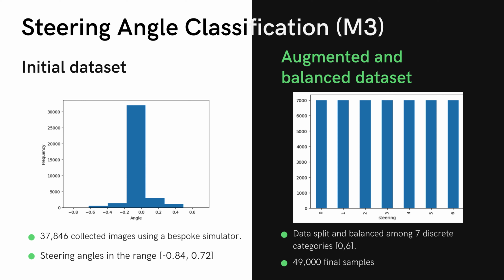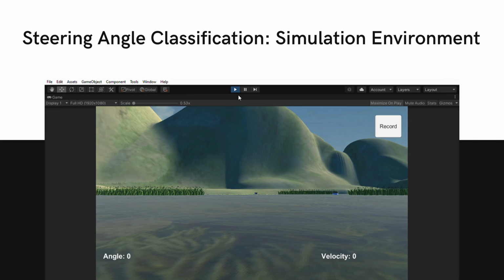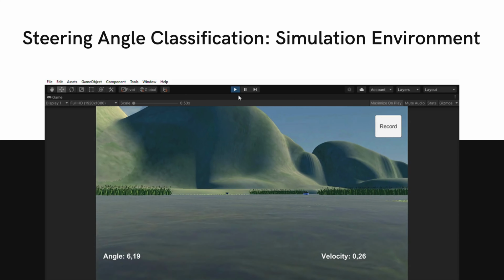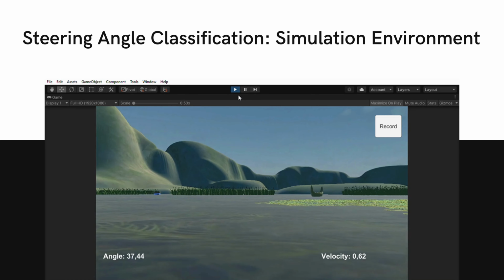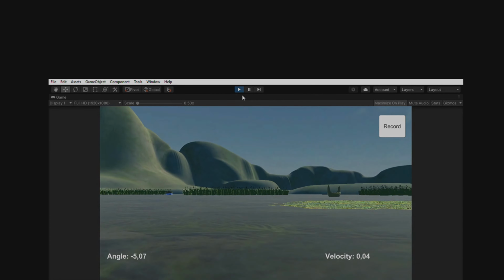On the left, we can see the initial dataset characteristics, which were then processed to obtain a dataset of 49,000 samples, 7,000 for each of 7 categories, where 0 depicted movement to the left and 6 was movement to the right. What follows is the simulator developed using Unity and Blender that helped us to apply domain adaptation to the task of end-to-end steering angle classification.